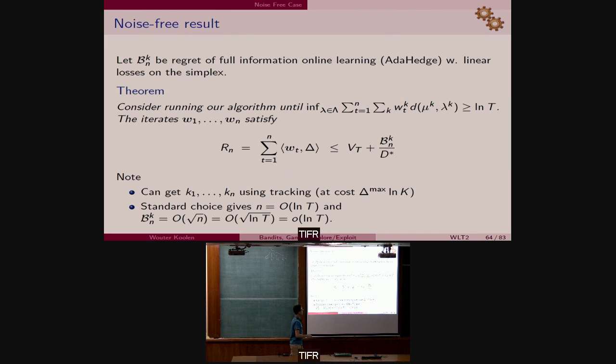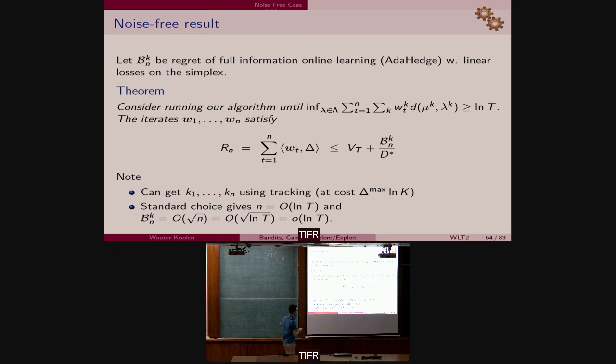So you might worry now, wasn't regret of order square root t? Log t plus square root t, that came over. But you have to think, how many rounds do I actually need to run my algorithm? Because most of the rounds are actually spent on the best arm. They don't appear here.